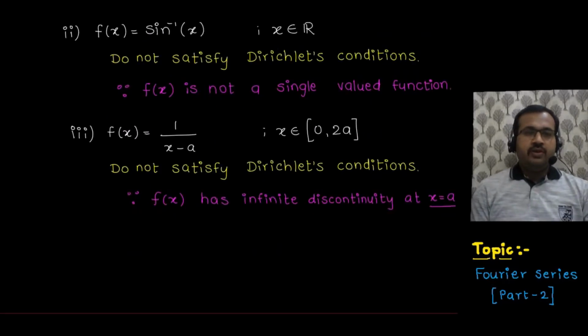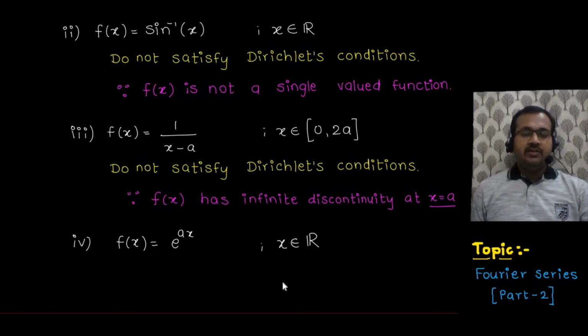And moreover, if we consider another example, suppose f of x is equal to e raised to ax, where x lies in any real interval, then this function satisfies all the Dirichlet's conditions.